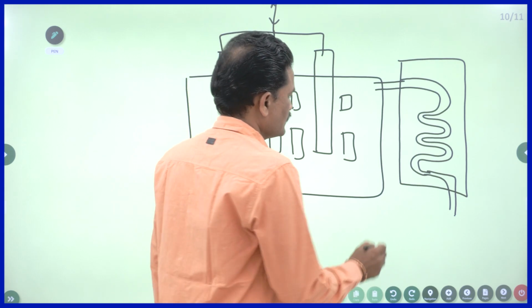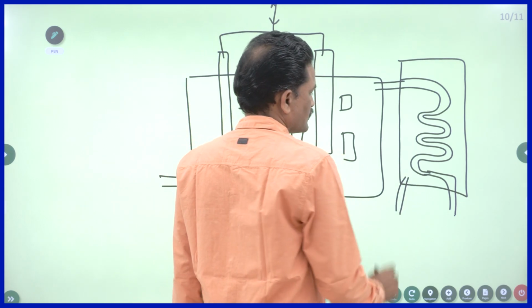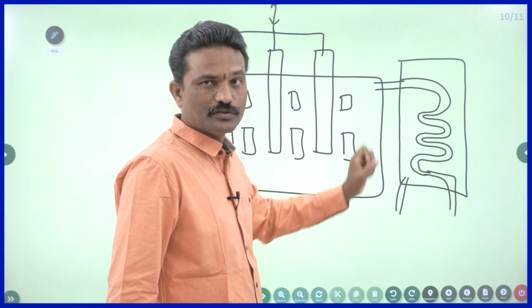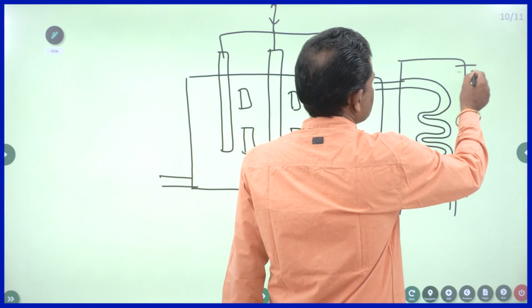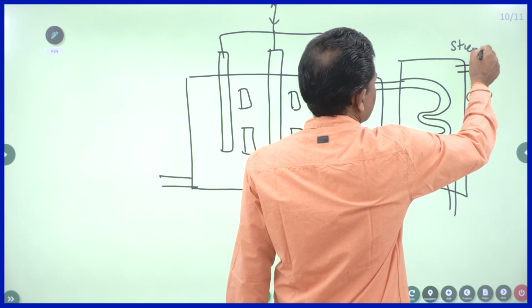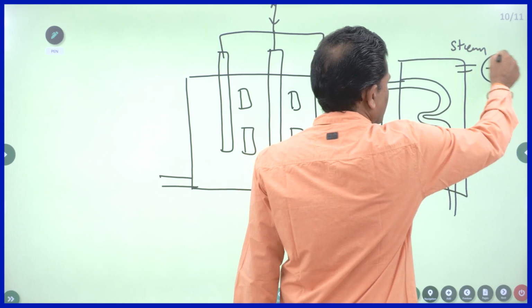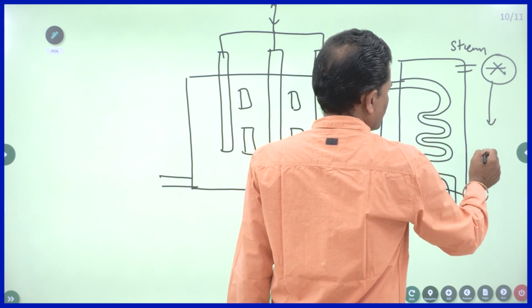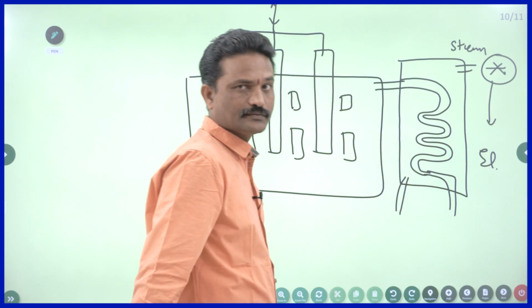So in the heat exchanger, once again cold water is entering. These tubes are heating this cold water and they give out steam. This steam rotates the turbine and this turbine or generator produces electricity. That's all.